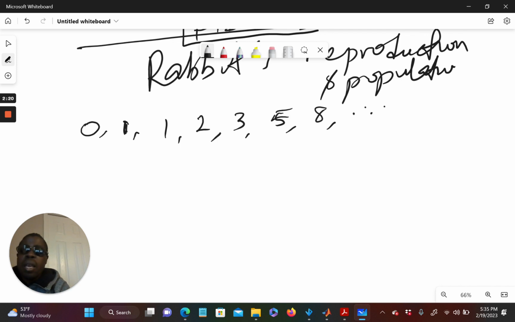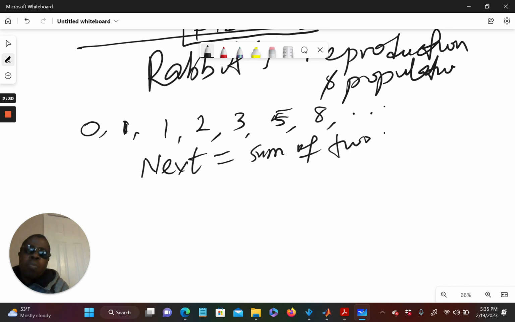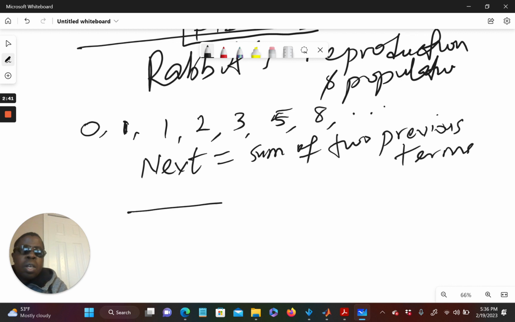So the sequence is defined as what? Next equals the sum of the two previous terms. In other words, if you have a sequence of numbers, let's call it Fn.